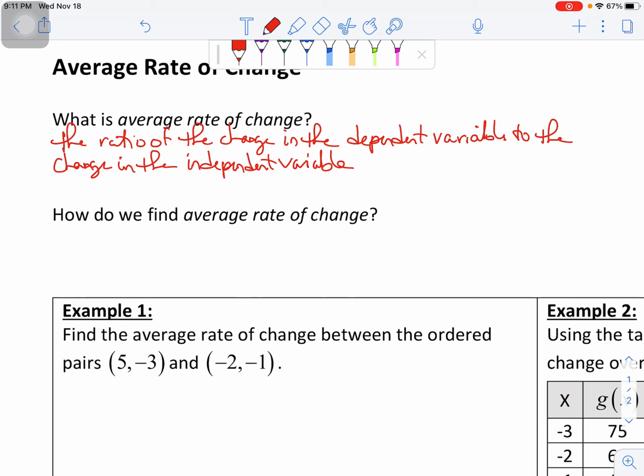Now, you might be looking at that definition going, yep, that is not helpful in the slightest.